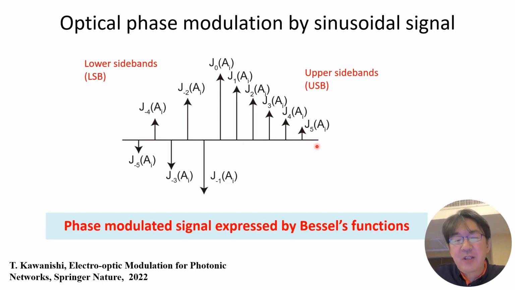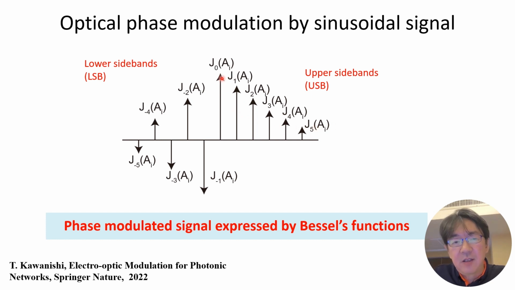As I mentioned, the spectrum of an optical phase modulated signal should be described by the Bessel function. This is the simplest example. The output of the simple optical phase modulator would be described by a series of the Bessel functions.